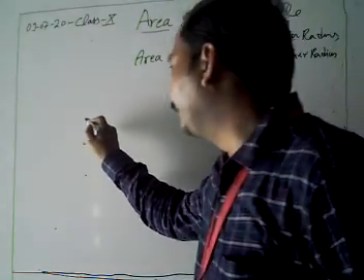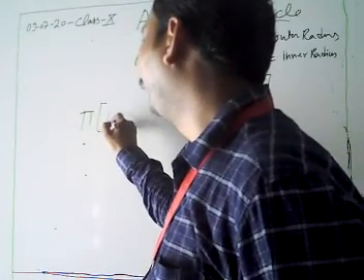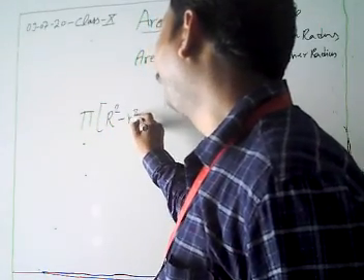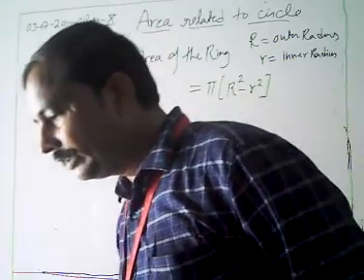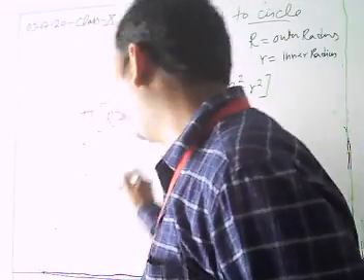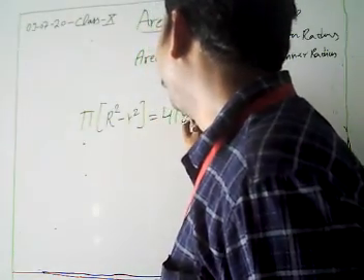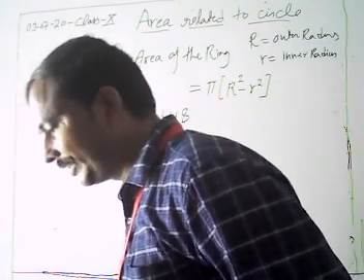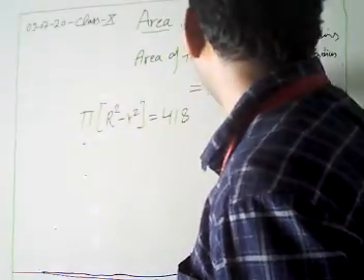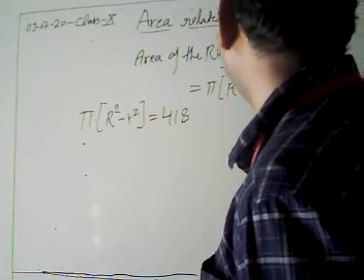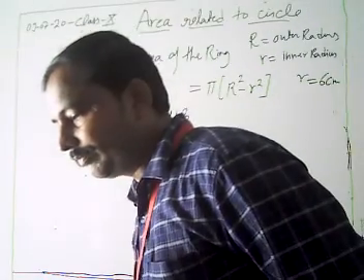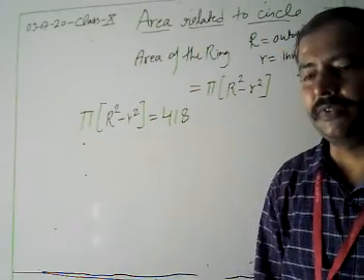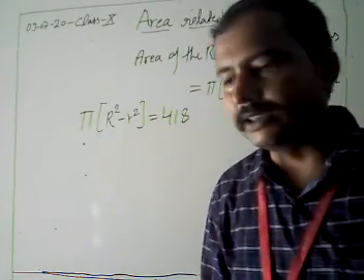In the problem, the value of pi R square minus r square is given. The area of the ring is 418 centimeter square. If the radius of the smaller circle is 6 centimeter, the value of small r is 6 centimeter. Then we have to find the radius of the bigger circle.